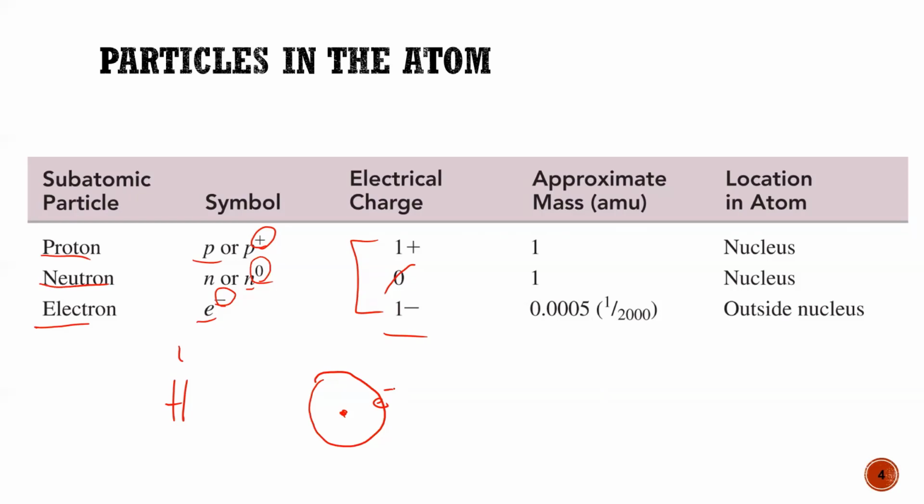So hydrogen is a neutral atom. If we look at the masses, protons and neutrons are 1 AMU. Again, it's not that electrons don't have mass, but it's negligible. And the important thing is location, location, location: protons and neutrons are found in the nucleus, and the electrons are outside the nucleus.